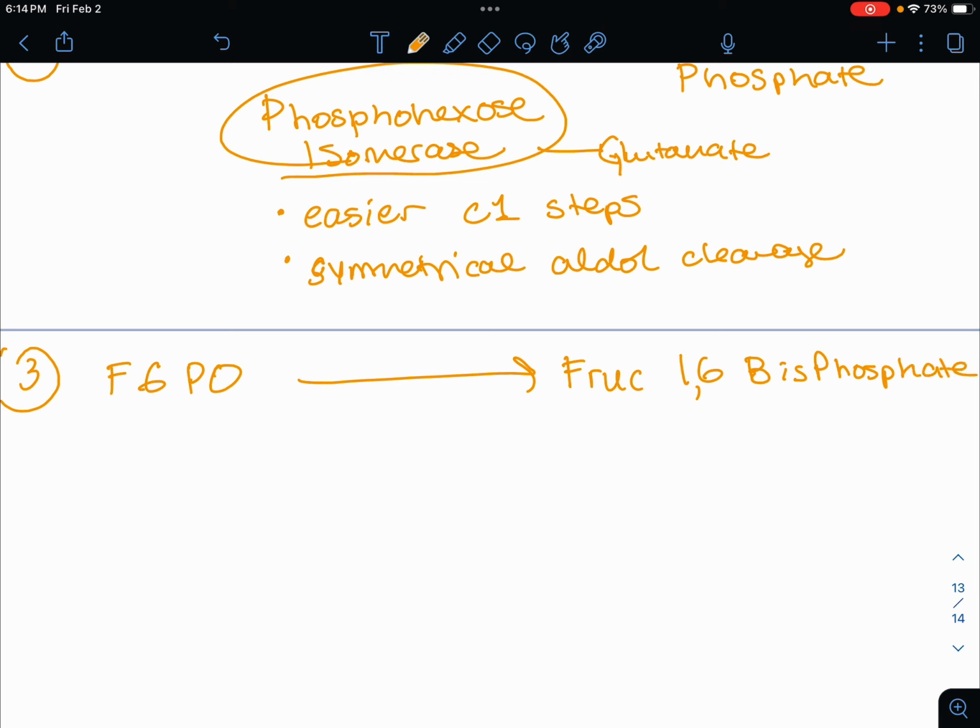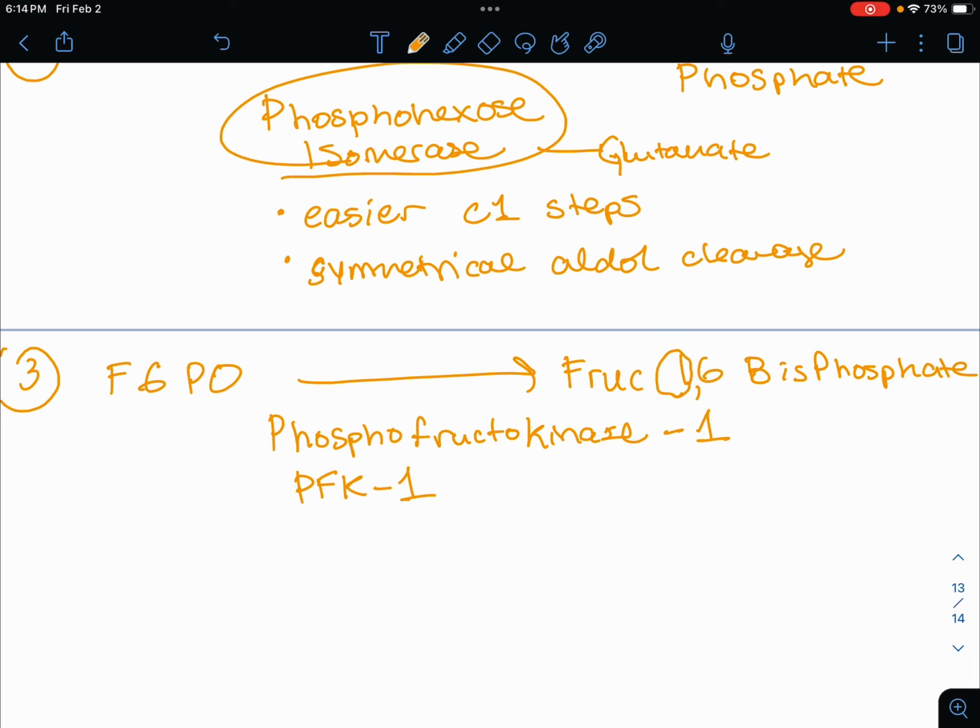The enzyme here is going to be phosphofructokinase. Kinase again means we're going to be transferring a phosphate. And this is phosphofructokinase 1, also known as PFK1. That -1 there is very important. Do you see how there's a 1 here?